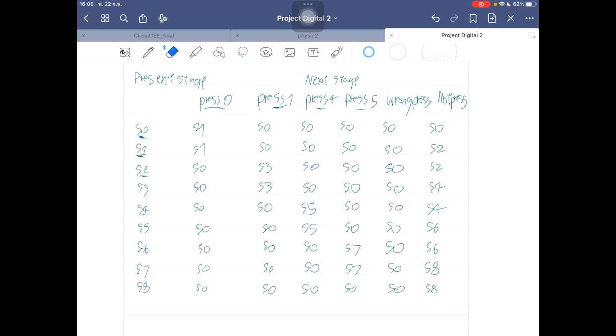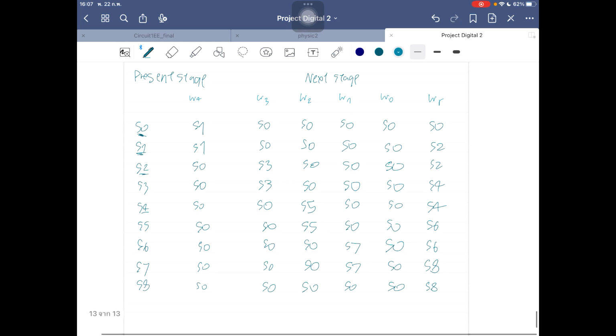First of all, I will translate from the press 0 into the W4 from the pre-processing that I'm making. Okay. Start with the present state.